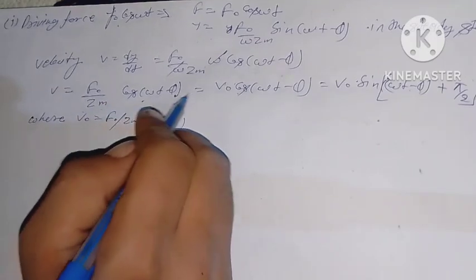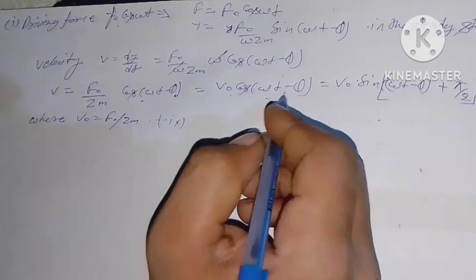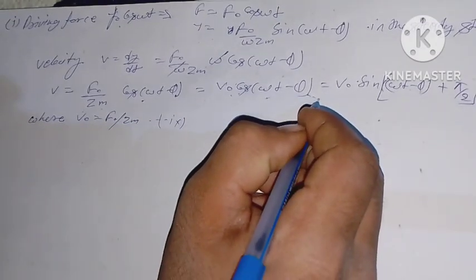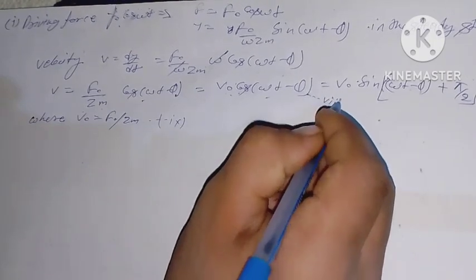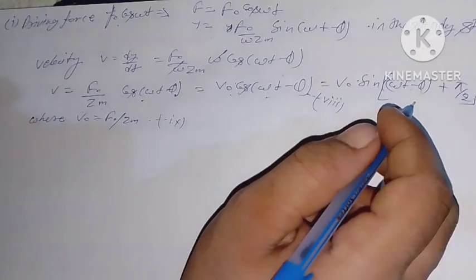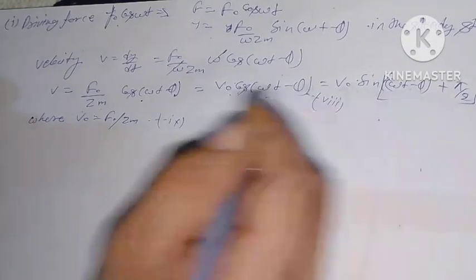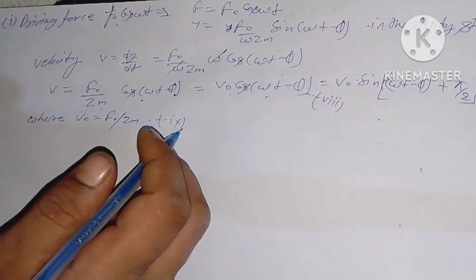This is v naught cos omega t minus phi, equation number 8, equal to v naught sin omega t minus phi plus pi by 2, where v naught equal to F naught upon Zm, equation number 9.